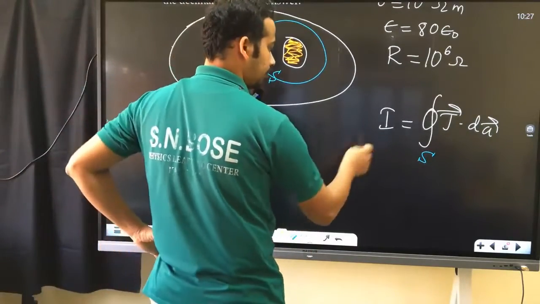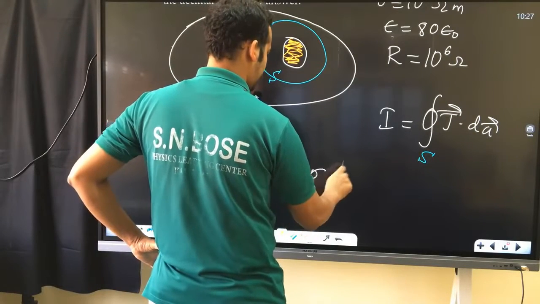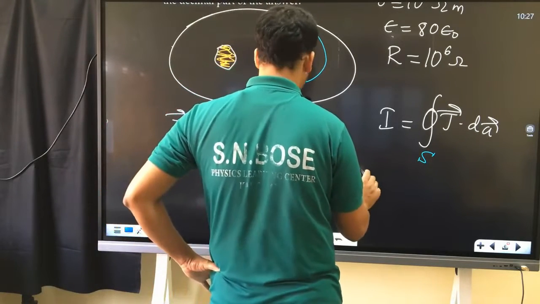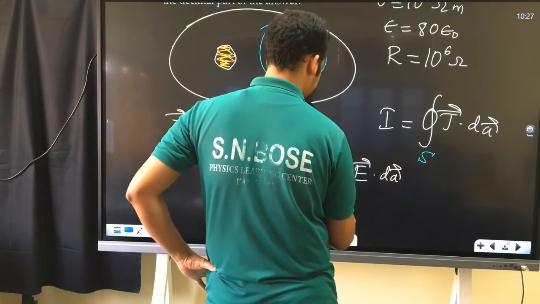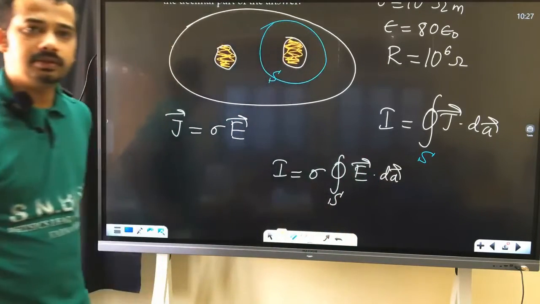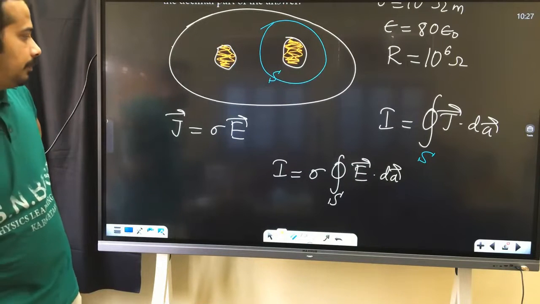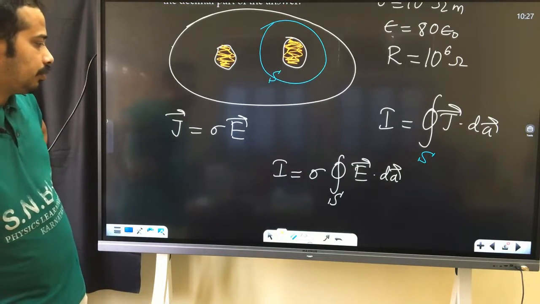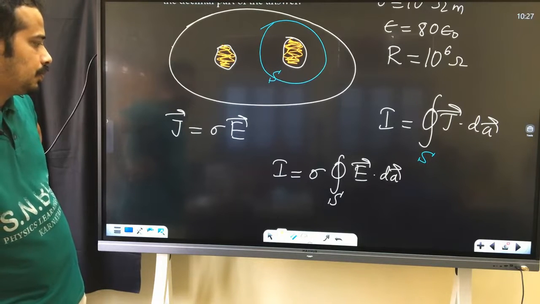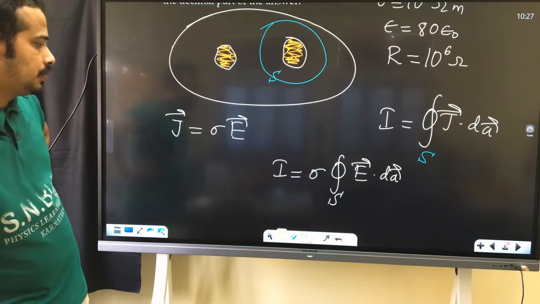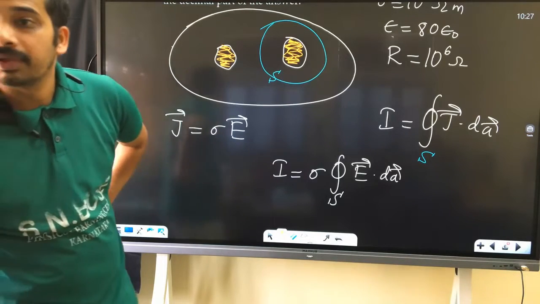I is equal to the closed integral of E bar dot dA bar. Isn't it? It will become Gauss law. Now how do we connect it to the capacitor?